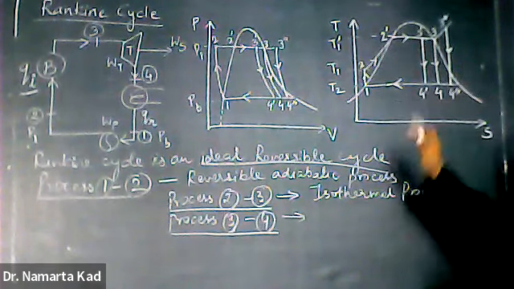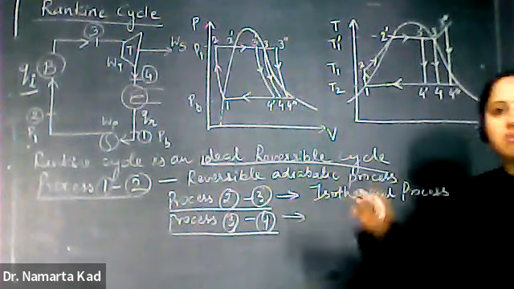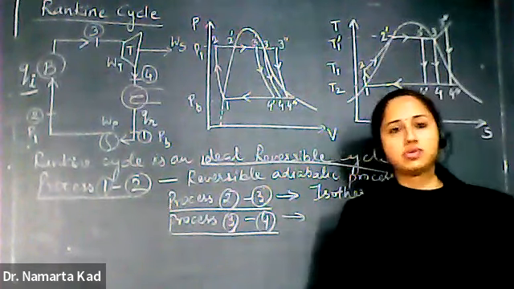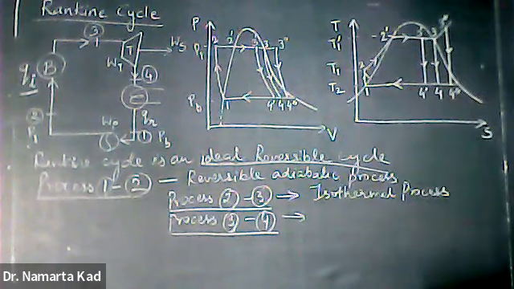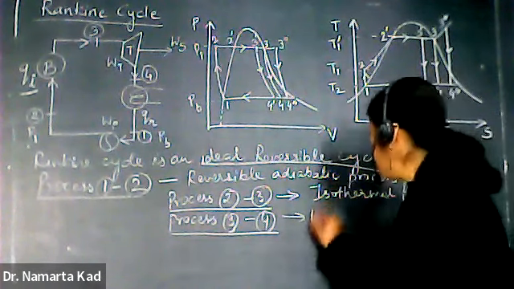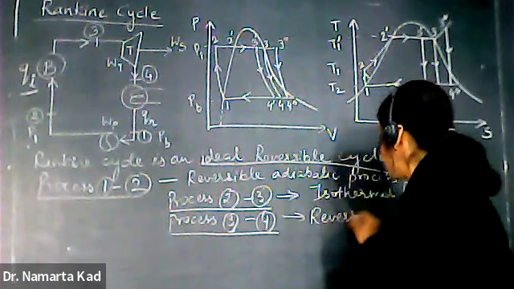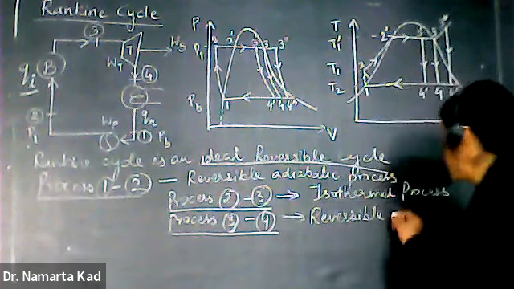Okay, and when this decrease in the temperature or pressure takes place, we call that process the adiabatic process. So in case of process 3-4, it is the reversible adiabatic process.